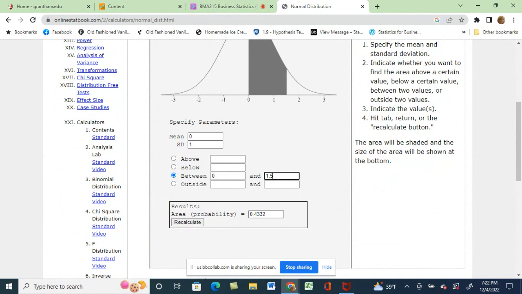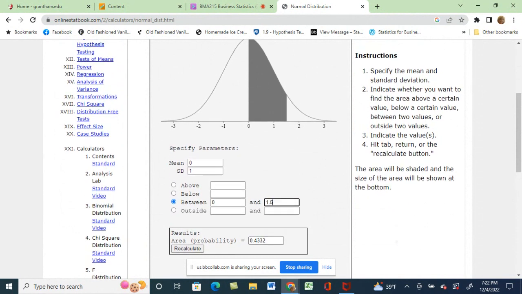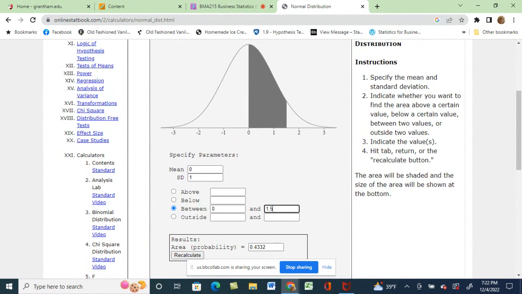In number 5B, what's the probability z is bigger than 2? So you're going to do, let me scroll up there. Z is bigger than 2, so you'll clear out what you have in there and do above 2. Right, and you don't have to clear out, just choose above 2.